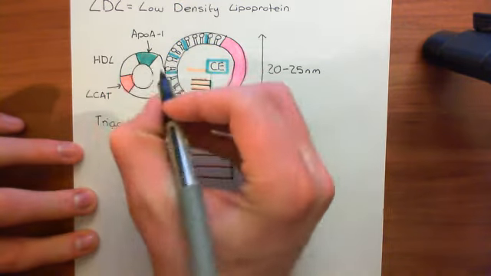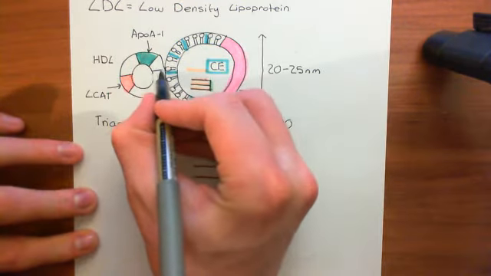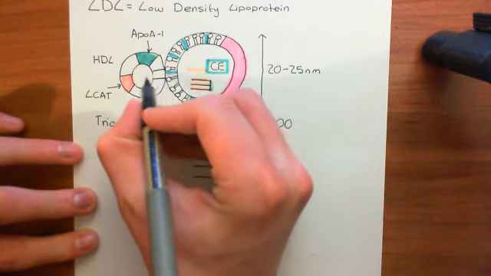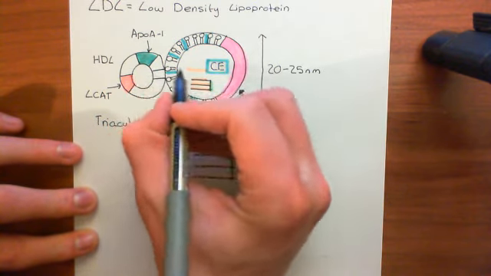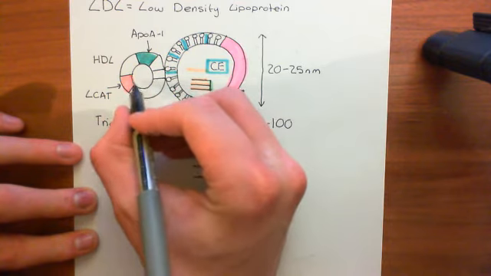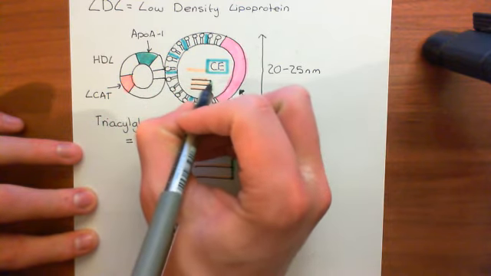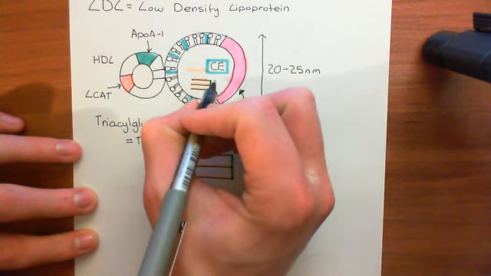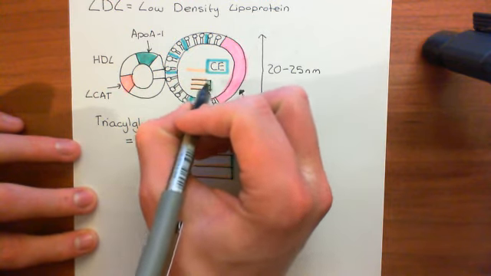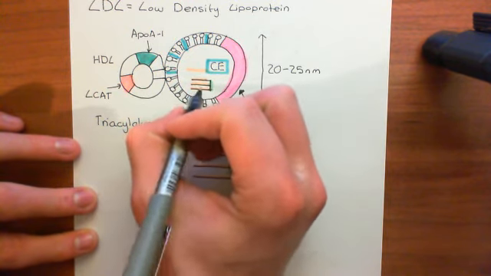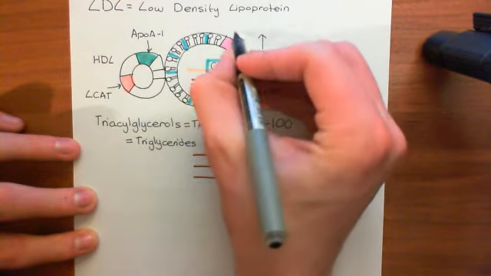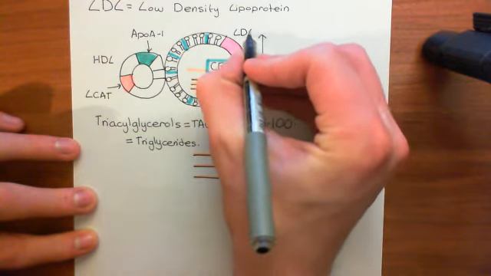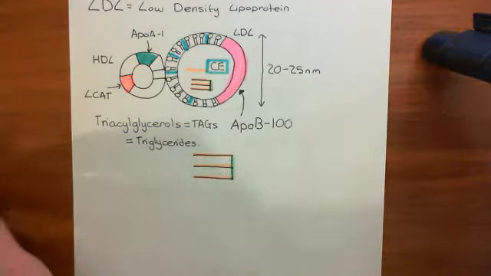Now, the important protein that I haven't mentioned before is now going to be involved in this swap of a cholesterol ester from the core of the high-density lipoprotein to the core of the low-density lipoprotein in exchange for a triacylglycerol coming from the core of the low-density lipoprotein into the core of the high-density lipoprotein.